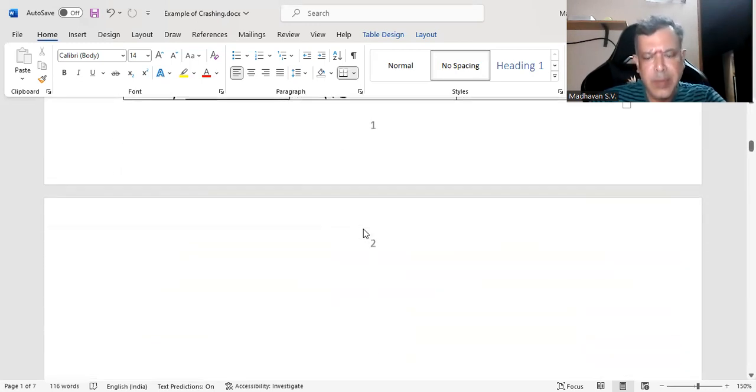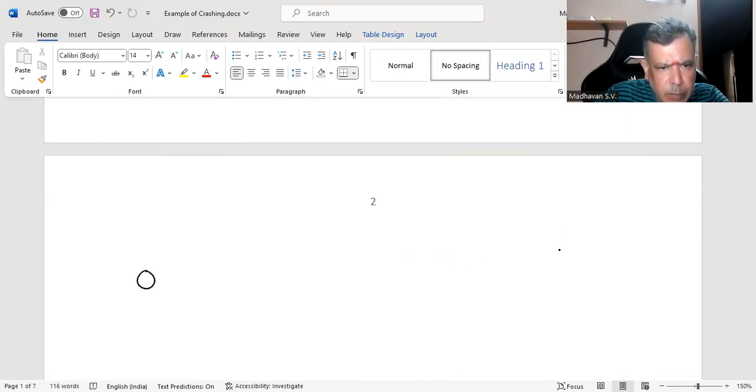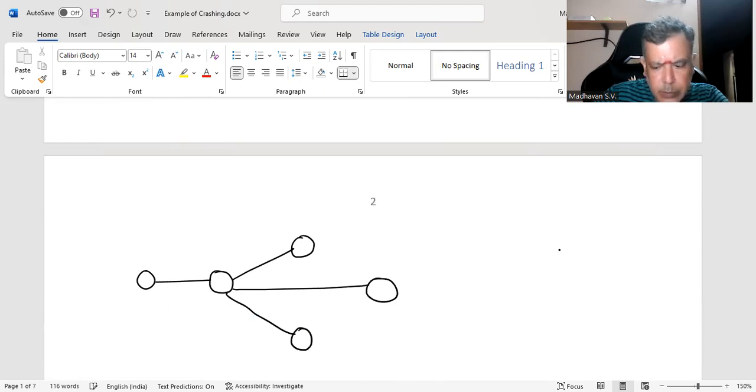So again, we have to draw the same network diagram. One, two, three, 4, 5, and 6.